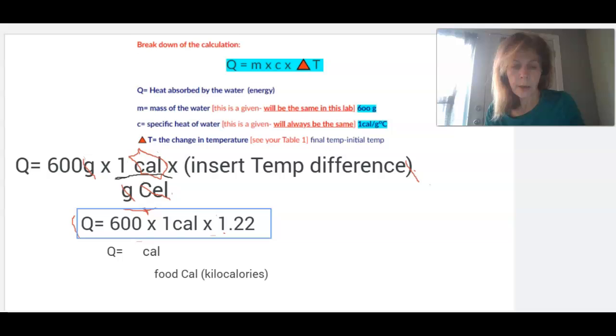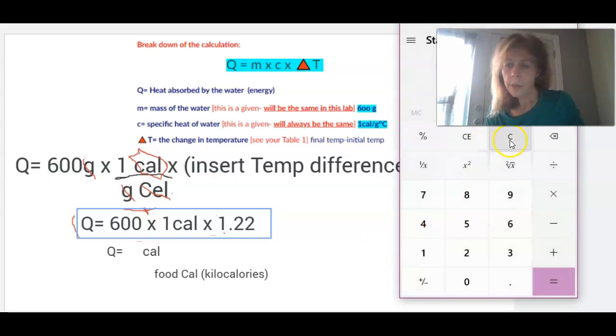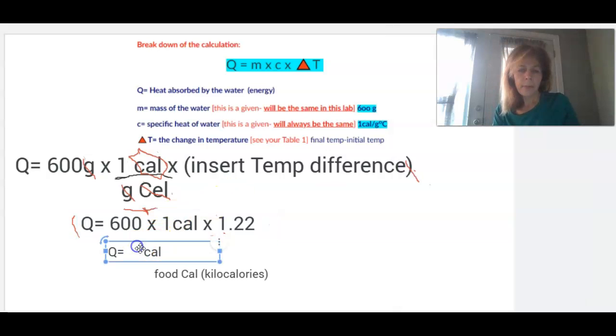If I bring up a calculator, I'm going to hit clear, and then go 600 times 1, which we all know is the same thing, so you really don't need to put in the 1, times 1.22 equals, okay? And we get 732, okay? So that 732 is how many?